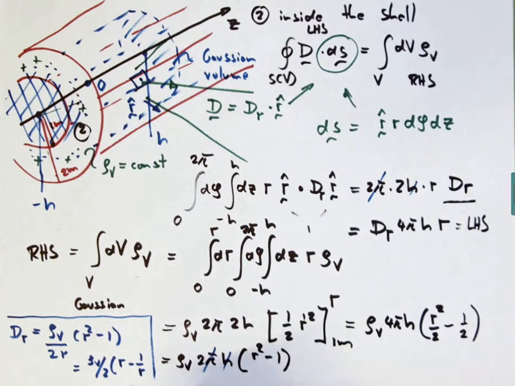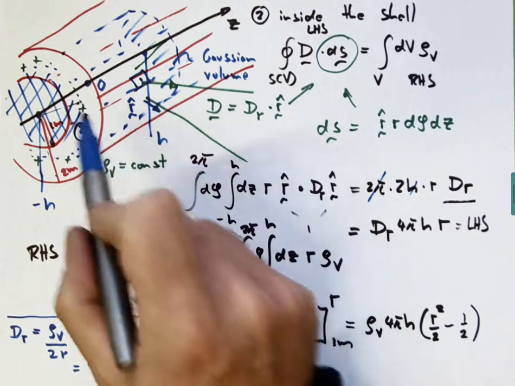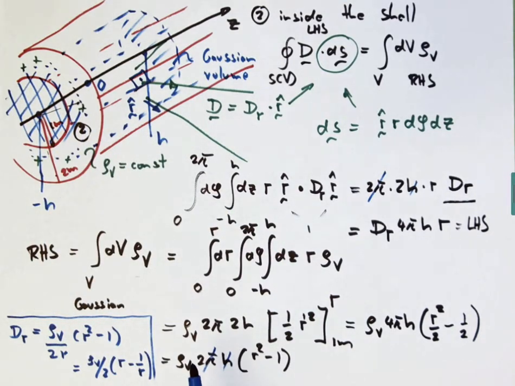However, it's not entirely linear because of the minus 1 over r. And we'll draw the field as a function of radial distance at the end, once we've solved the problem for region 3, which is the next step.